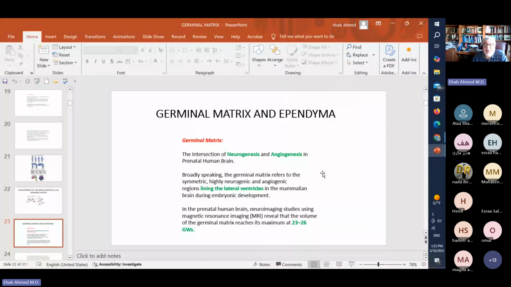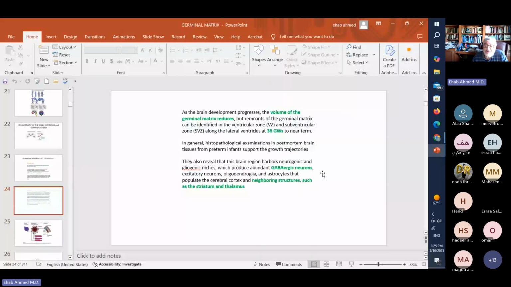But after that comes another process, the production of glial cell precursors, where the germinal matrix keeps producing glial cell precursors, which will also migrate and form the glial cells in the rest of the brain. But unfortunately, we don't know exactly what happens when these glial cell precursors get damaged.